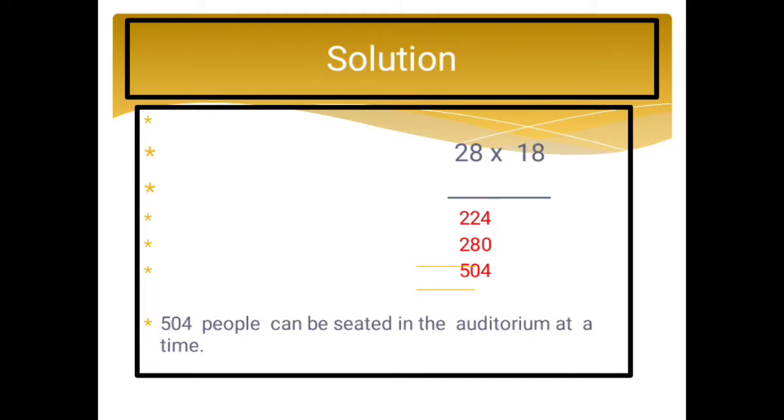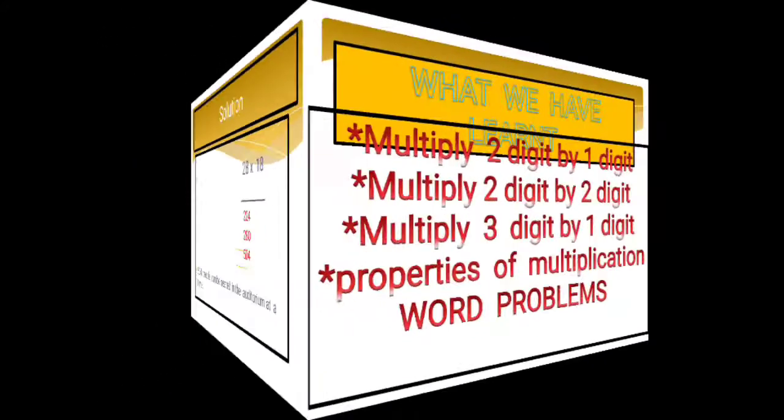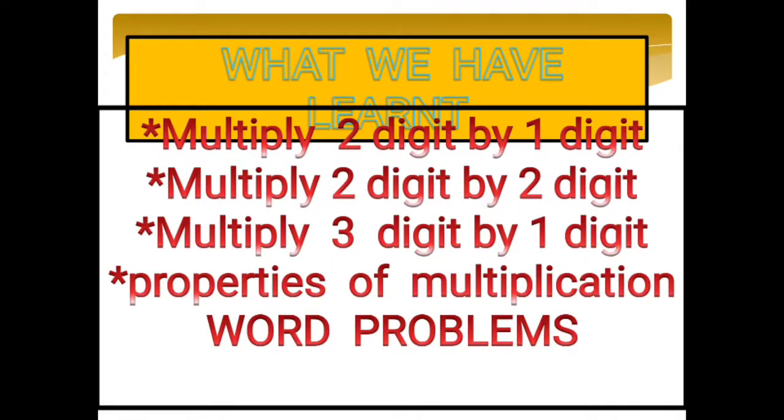So I hope with the help of these examples you can easily understand how we solve our word problems. So once again I said, my dear students, tables are very important in the multiplication chapter.